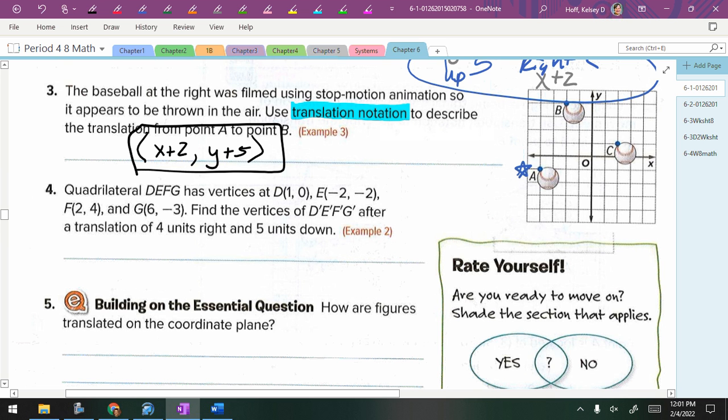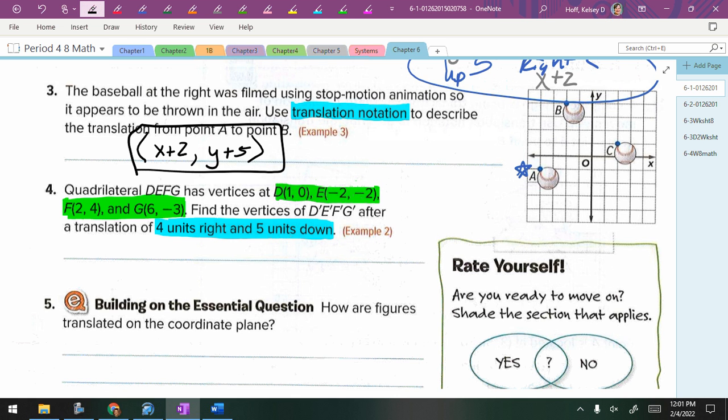Quadrilateral DEFG has the vertices listed here. Find the vertices of D prime, E prime, F prime, G prime after a translation of 4 units right and 5 units down. Everybody on your own, tell me, under 4 units right and 5 units down, which letter those changes impact and whether it's a positive or negative change.